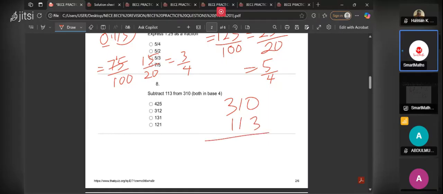Anytime you are working with any base, the highest digit you can get in a base is that base minus 1. So if you are in base 4, the highest digit you can get is 3. That's the reason why the highest digit you have in this question is 3.